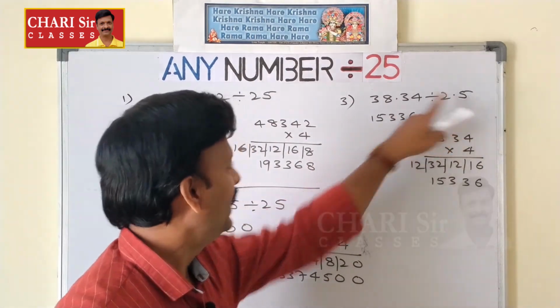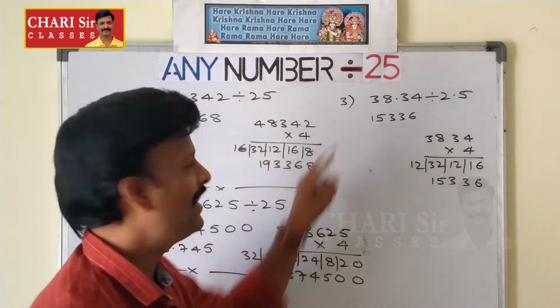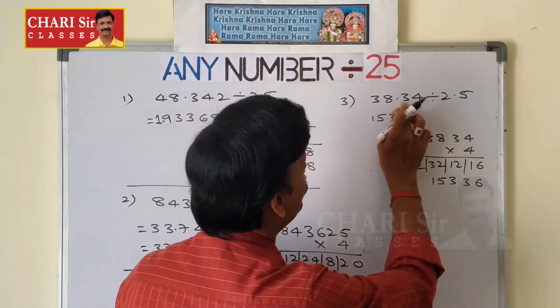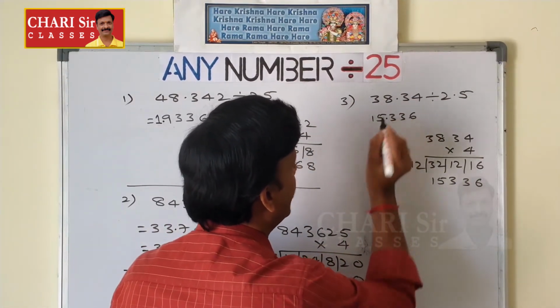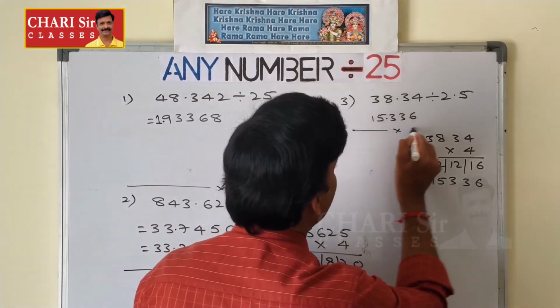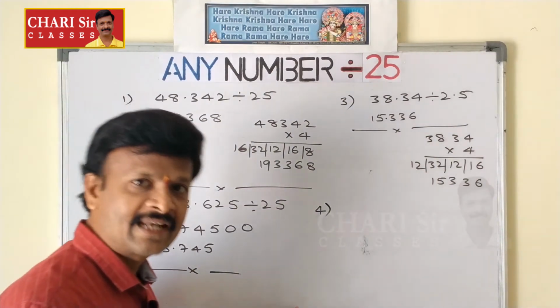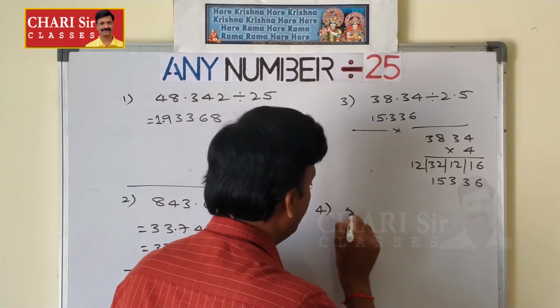So what to do? Instead of moving 2 digits towards the left, here it will move only 1 digit. That is, 2 digits plus 1 digit, total 3 digits, means 1 2 3. So this answer is 15.336 is your answer.